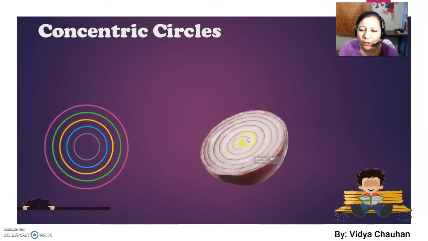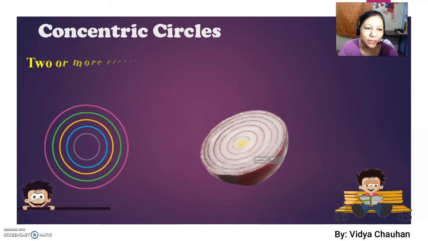Also a real life example: when you cut an onion from its center into two halves, the rings which you get are the best example of concentric circles. So here comes our definition.